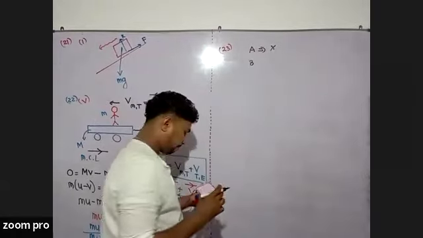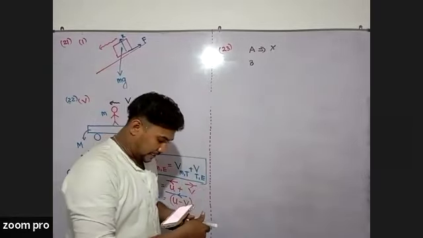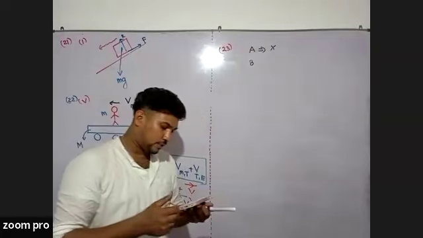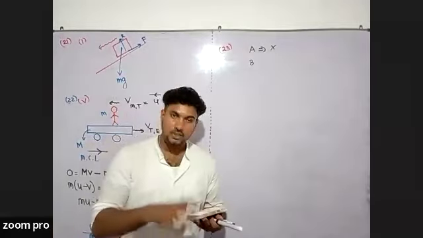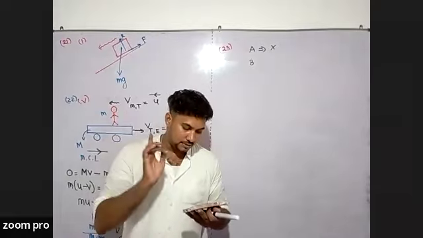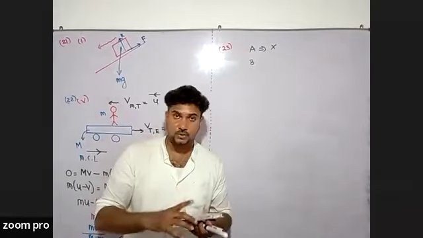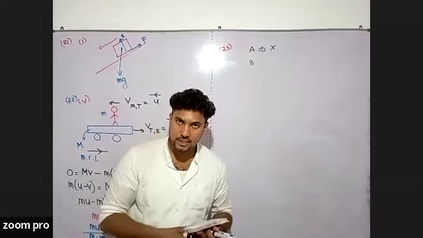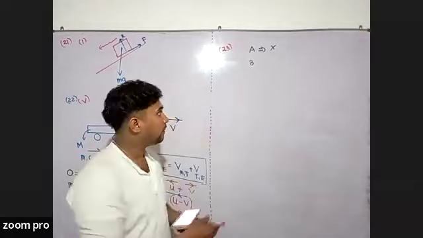In B, it says it must complete at least one of the following conditions. The algebraic summation of moment of force must be zero about all points of the plane. That's correct. The resultant force must be zero. That's also correct. But both these requirements should be satisfied, not only one.